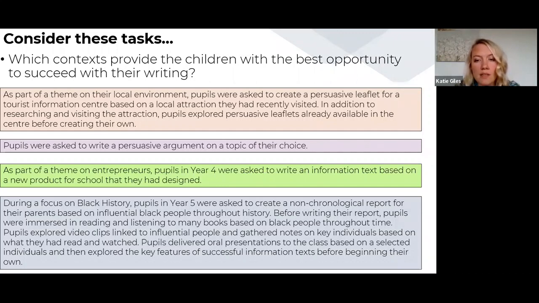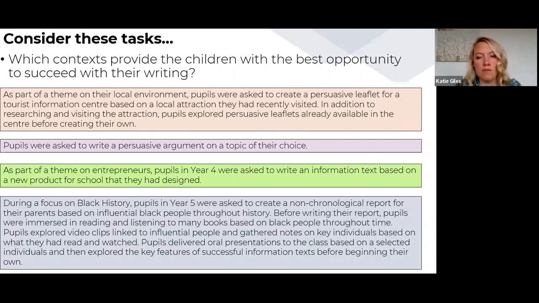Okay, so if we look at that context in terms of the purpose, we've got the children writing non-chronological reports for their parents to inform them of influential Black people throughout history. So we have a very clear purpose, and the audience is their parents. You can also see that before writing that report, pupils have spent quality time being immersed in reading and listening to many books based on Black people.